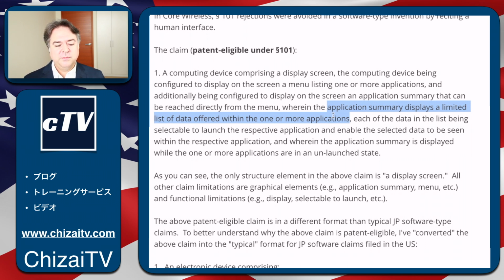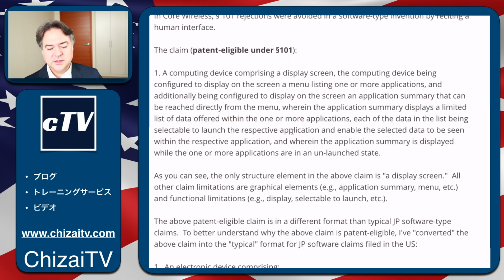That is the basic point of why this claim was found to be patent eligible: the application summary displayed this data, and then this data was transformed from the application summary display state to being displayed in the application itself, for example the mail app in that case. So, wherein the application summary displays a limited list of data offered within the one or more applications, each of the data in the list being selectable to launch the respective application and enable the selected data to be seen within the respective application.